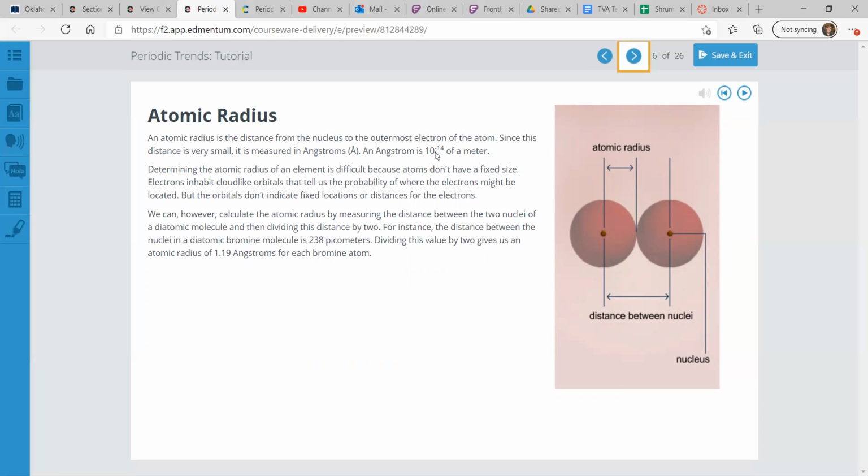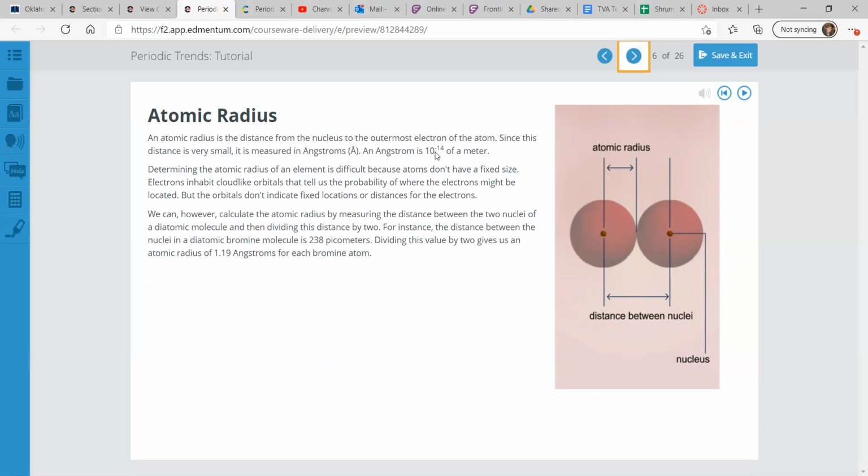We can, however, calculate the atomic radius by measuring the distance between the two nuclei of a diatomic molecule and then dividing that distance by 2. For instance, the distance between the nuclei in a diatomic bromine molecule is 238 picometers.